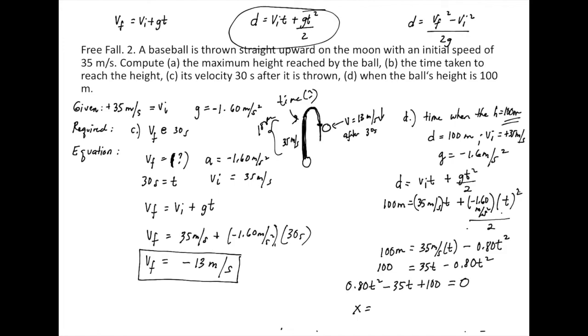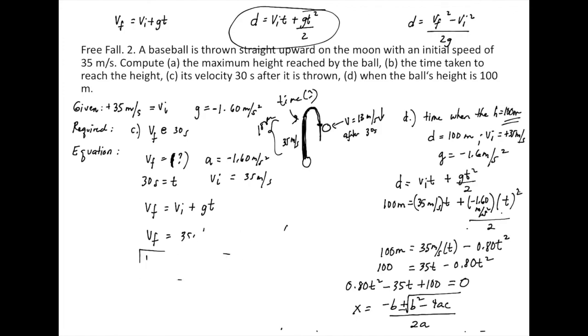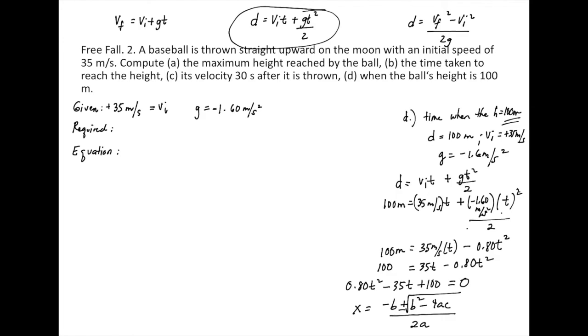And the quadratic equation, remember, we have negative b, plus or minus the square root of b squared minus 4ac, all over 2a. Now let me erase first. Okay, may I write this on this part?